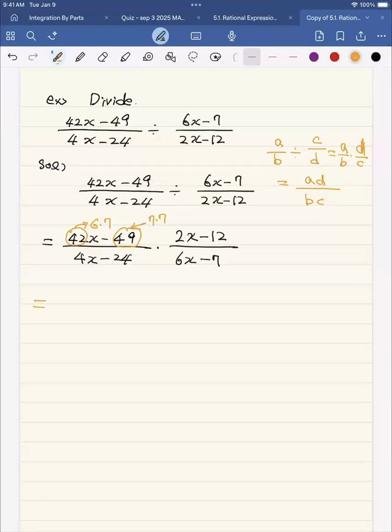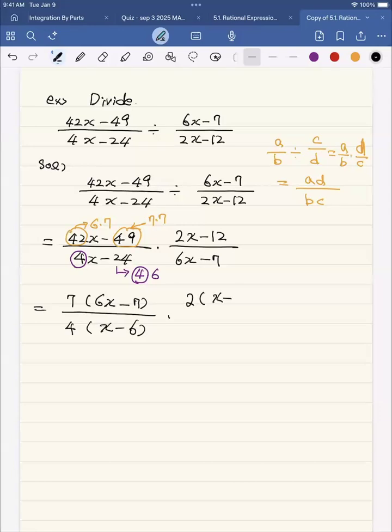So the numerator can be written as 7 times 6x minus 7 over the denominator, the common factor is 4 because 24 is 4 times 6. We will take out 4, then we have x minus 6 times 2 times x minus 6 over 6x minus 7.